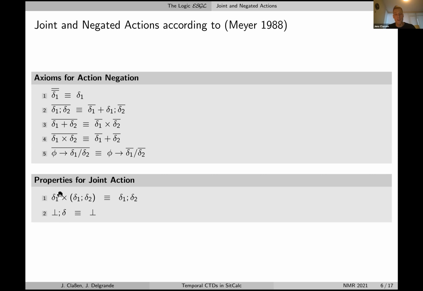So if you conjoin two programs by means of this operator, then you basically require that one is a prefix of the other. So if I conjoin delta 1 with delta 1 followed by delta 2, then this is the same as saying delta 1 followed by delta 2.